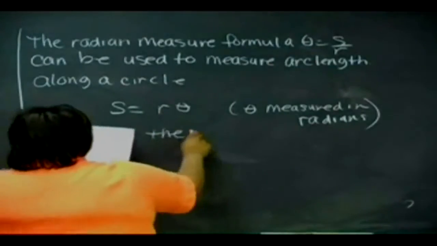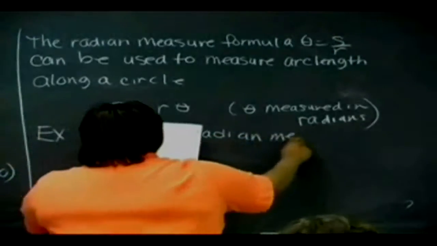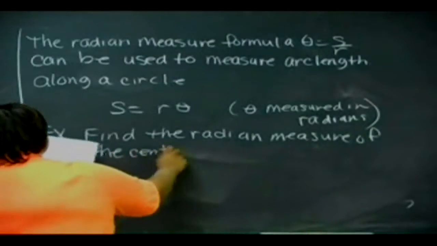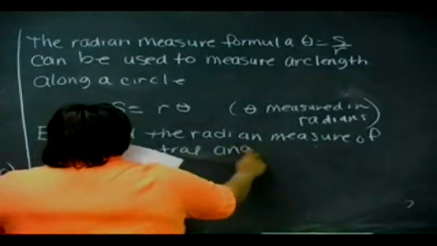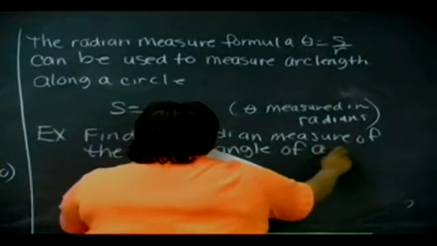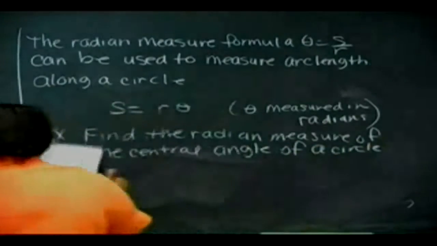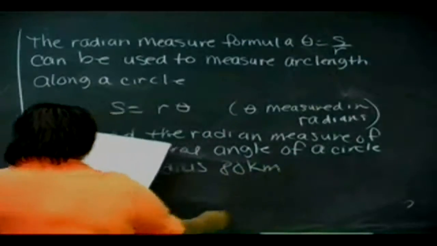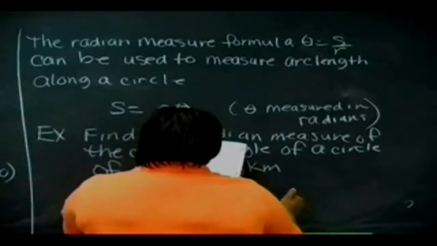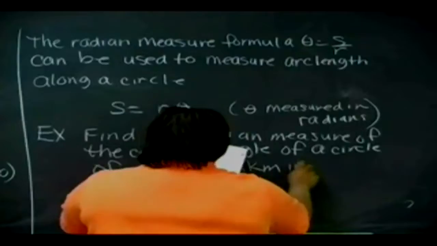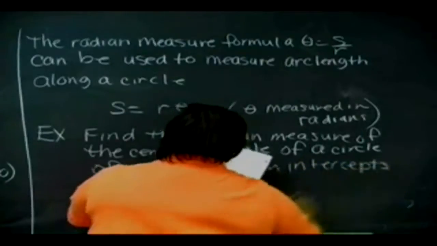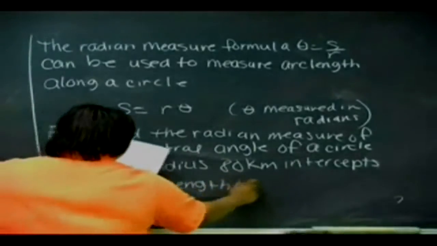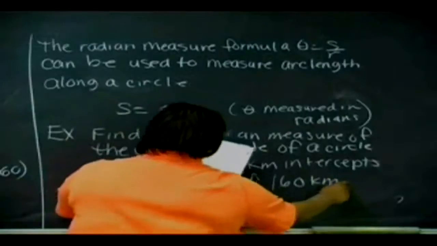Find the radian measure of the central angle of a circle of radius 80 kilometers that intercepts an arc length of 160 kilometers.